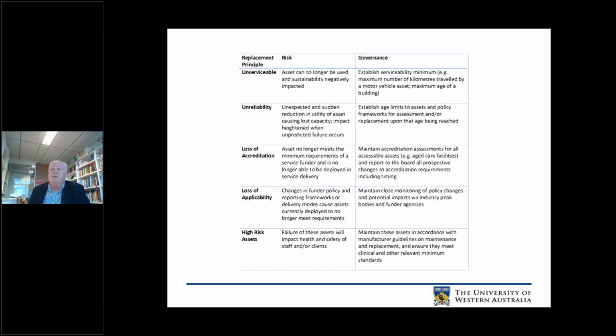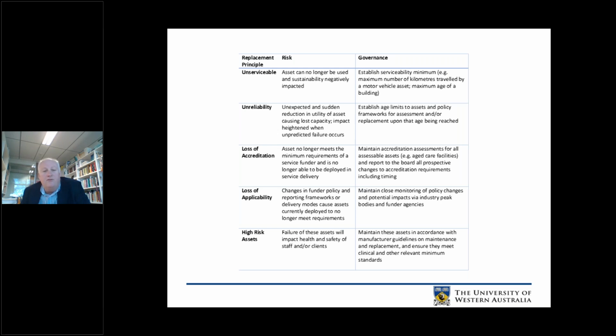The principles that you might use to make asset replacement decisions are also covered in the tool. And they look at these 5 general principles, which are in no particular priority order, but which might have a priority order from your perspective in terms of how the organisation operates and the issues that it has to face. But essentially, assets need to be replaced when they become unserviceable, when they become unreliable, when they might cause the loss of accreditation.